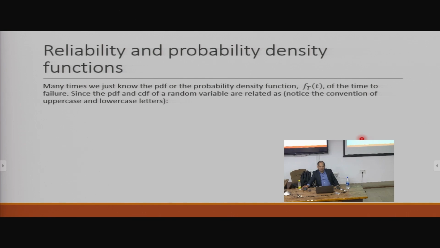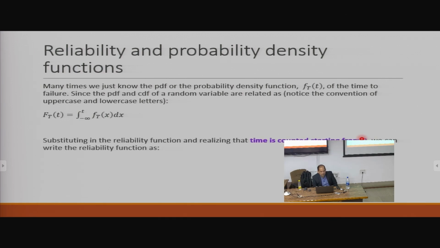We always know that if you have the PDF, we can get the CDF of a random variable and vice versa. The CDF at time t is when we integrate the PDF from negative infinity to that time, and then we substitute and we get this expression.